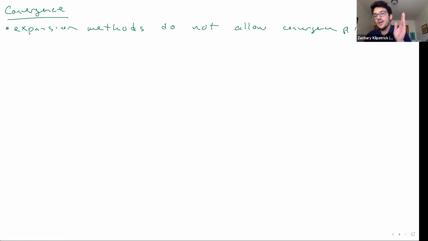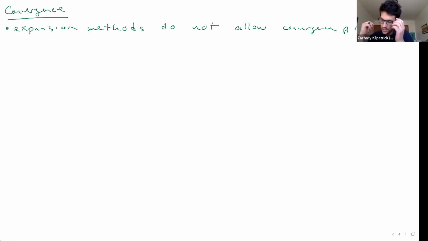You can look at your series if you have a power series and say, well, I know what the next term is. Maybe I could say that the error that I'm going to make is going to be on the order of epsilon to the n, the next epsilon, but you don't know anything about the prefactor, and you don't know how the term matching is going to work down the line.